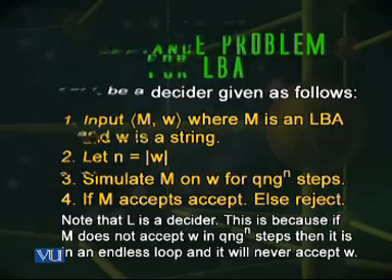Therefore, the first thing we notice is that this Turing machine that we have described is a decider. It halts on all inputs because it runs the simulation for a finite amount of time. Second, it's going to accept all pairs M, W where M accepts W. If M accepts W, it does so in less than or equal to Q times N times G to the N steps.